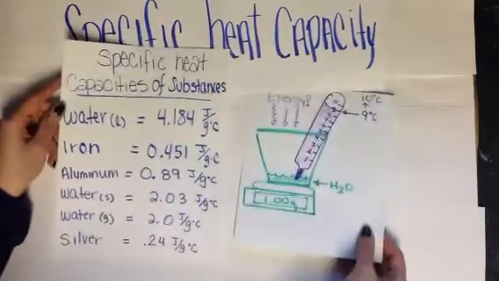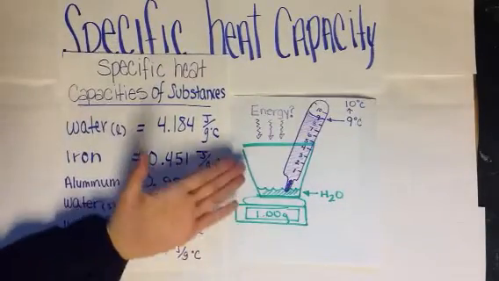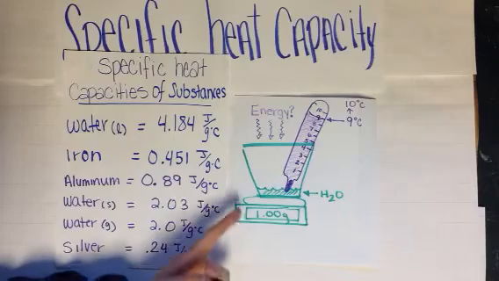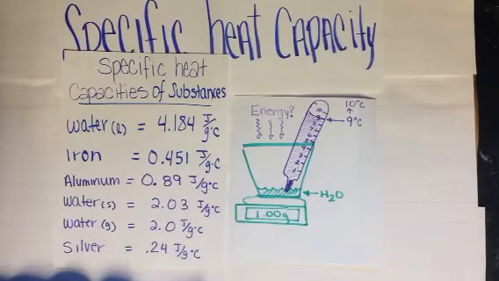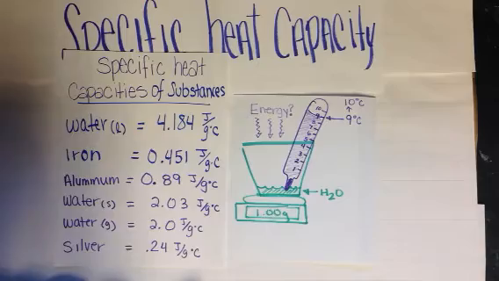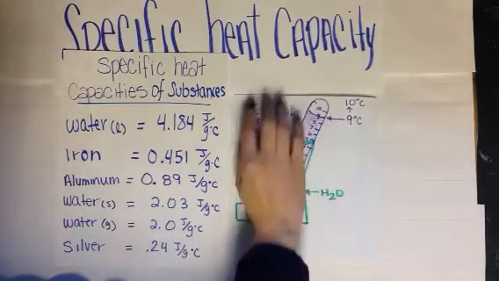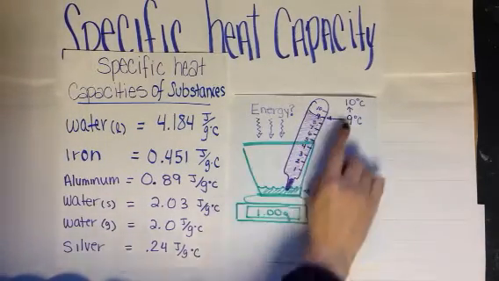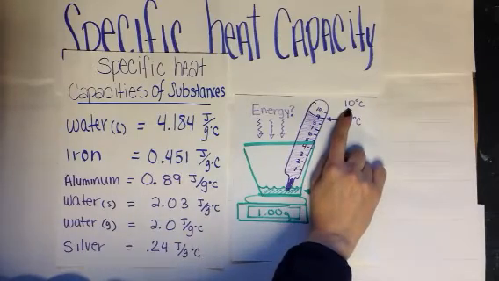If we look at this in picture form, I have here a cup with some water in it, and I measured it, and it's about 1 gram of water. And here's my mega thermometer. Let's say that the water's at 9 degrees Celsius. For the sake of argument, we'll say that that's still a liquid. And I want to know how much energy I have to put in to raise the temperature up 1 degree Celsius.